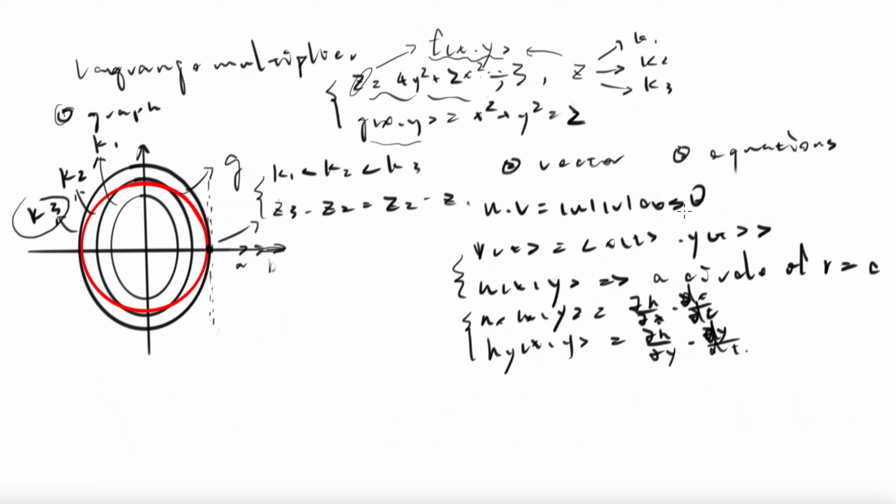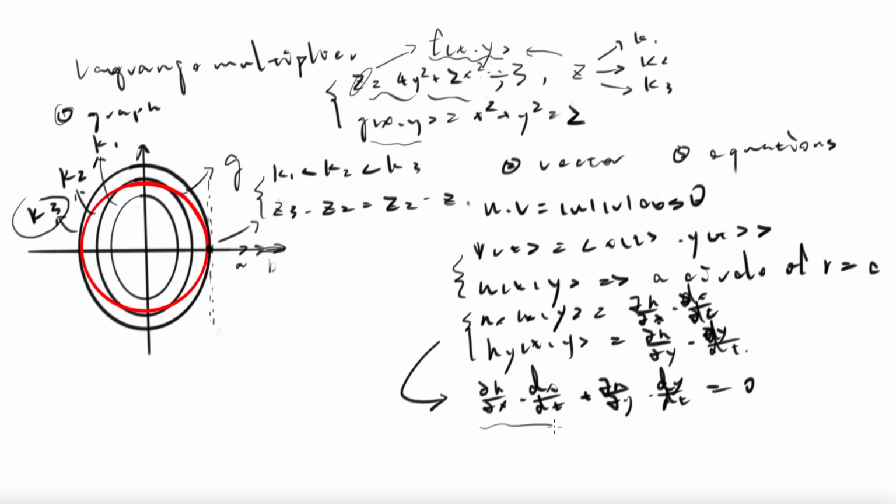However, since it's a circle and has a radius of C, the sum of these two directional derivatives here should be zero.